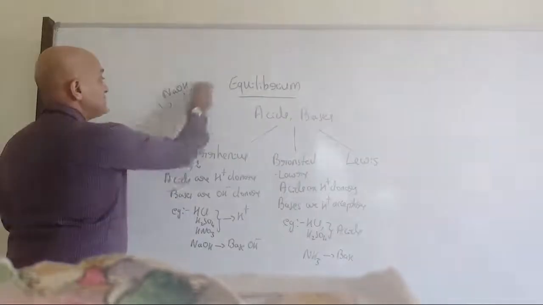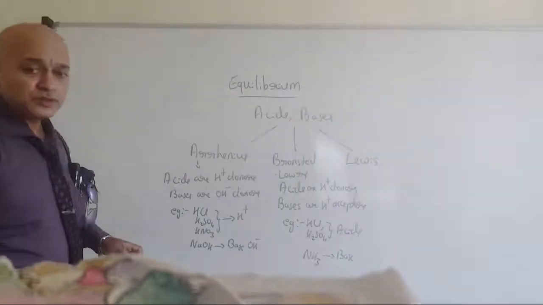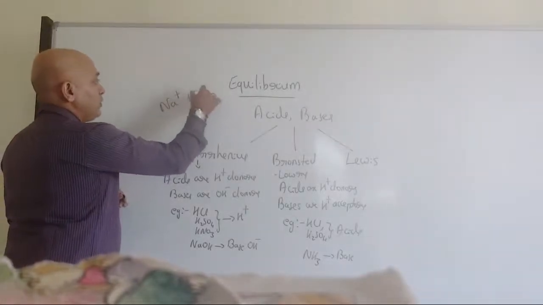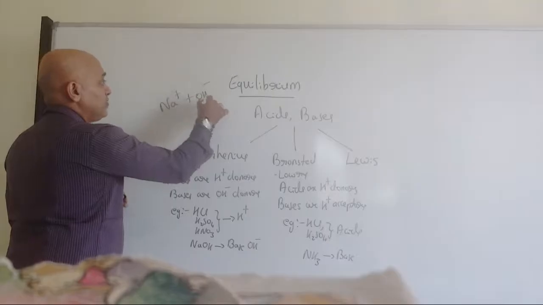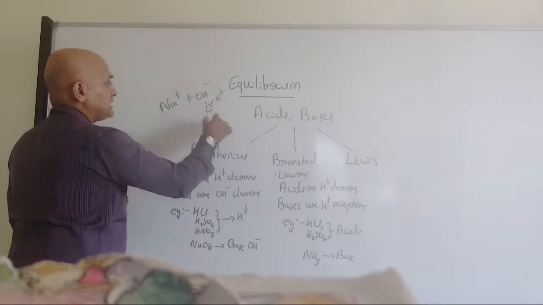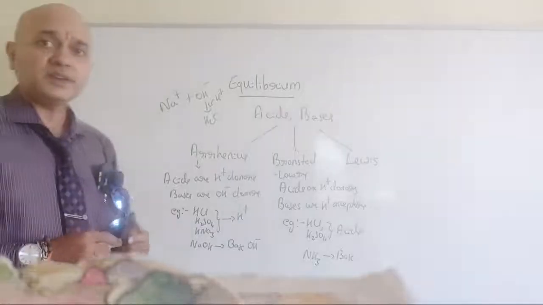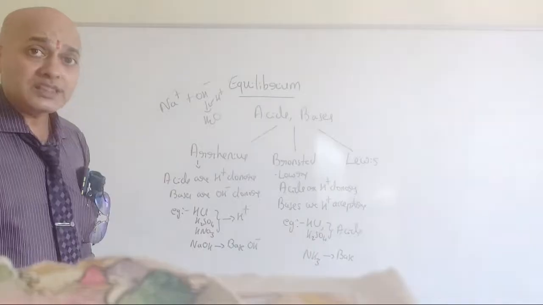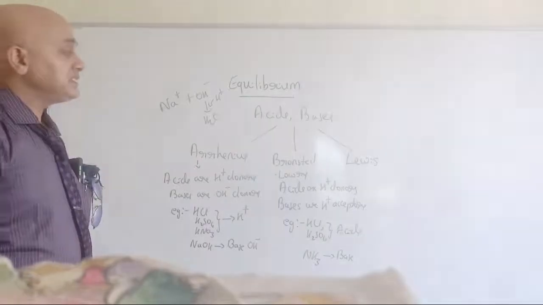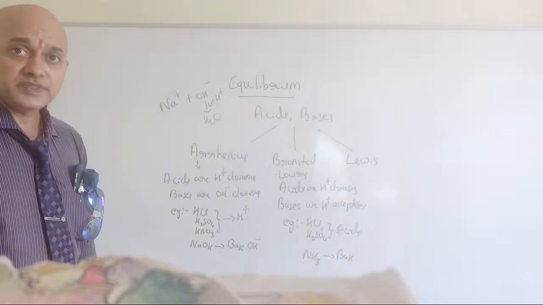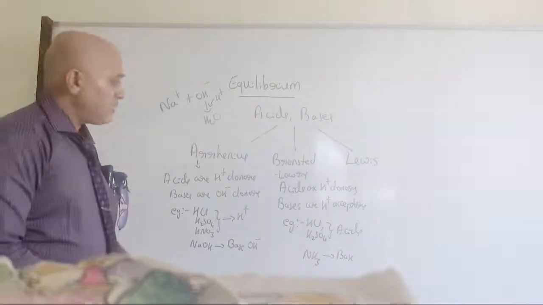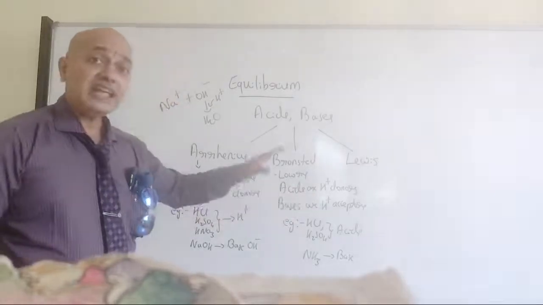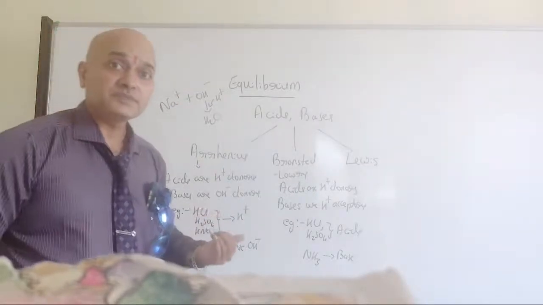But once sodium hydroxide is dissociated into Na plus and OH minus, this OH minus is going to take up the H plus to become water. Neutralization. Right? So that's where Bronsted-Lowry theory creates a confusion with respect to sodium hydroxide. Fine? But definition wise, acids are H plus donors and bases are H plus acceptors.